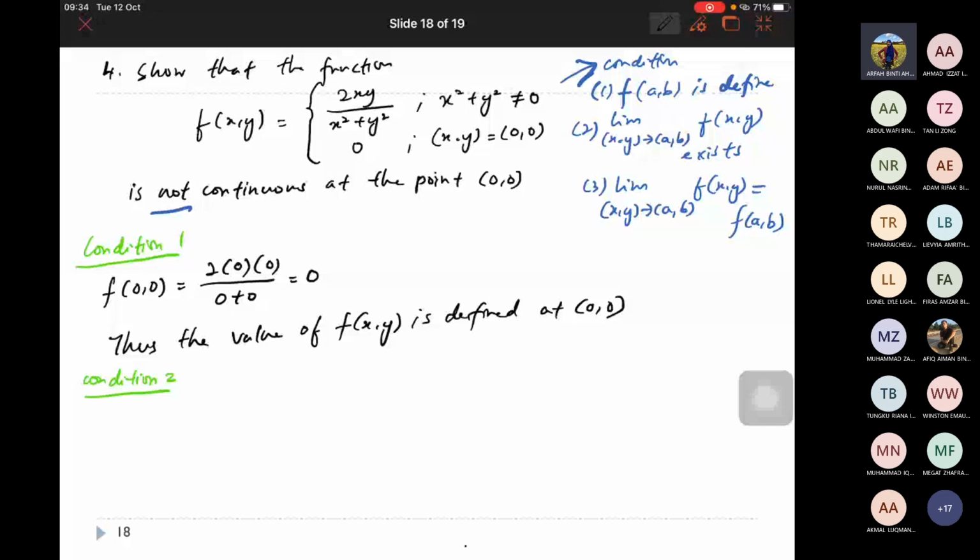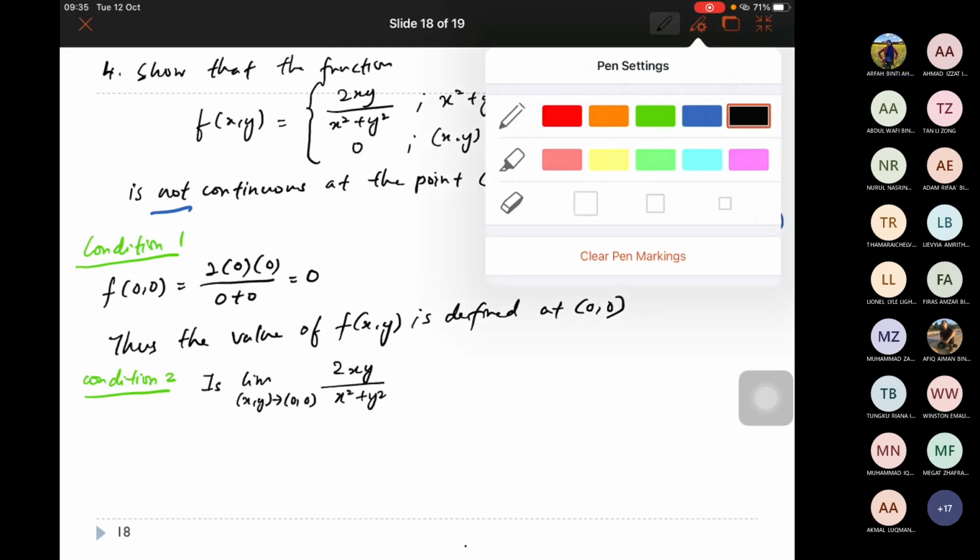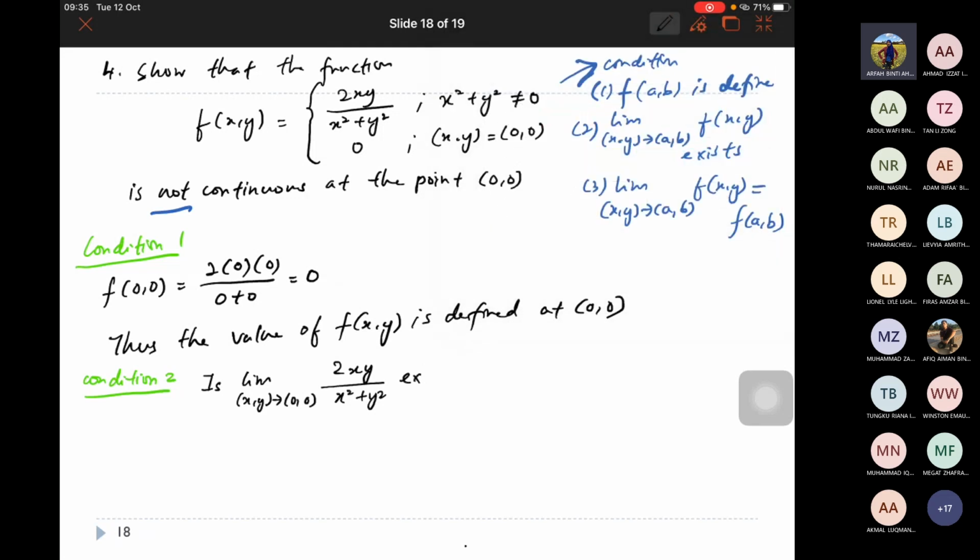Is the limit of x, y approaches 0, 2xy over x squared plus y squared exists? Adakah limit itu wujud?